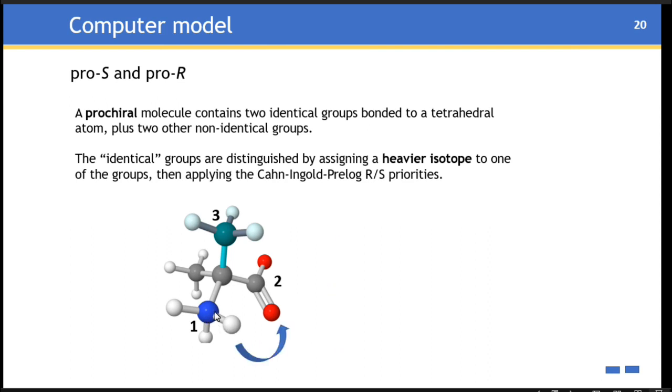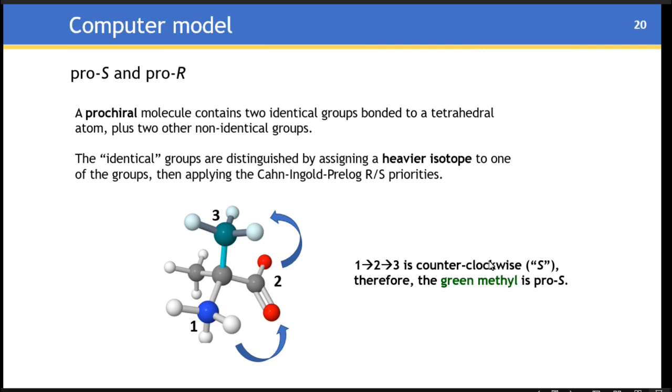So if we do that, then this nitrogen is first priority, carbon with two oxygens is second priority, and the heavier carbon here is third priority. And we go 1, 2, 3. That's counterclockwise, or that's S. So we say that the green methyl here is the pro-S methyl. Of course, the other one is pro-R.